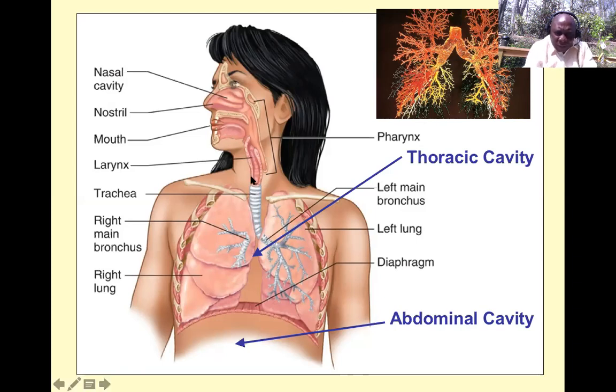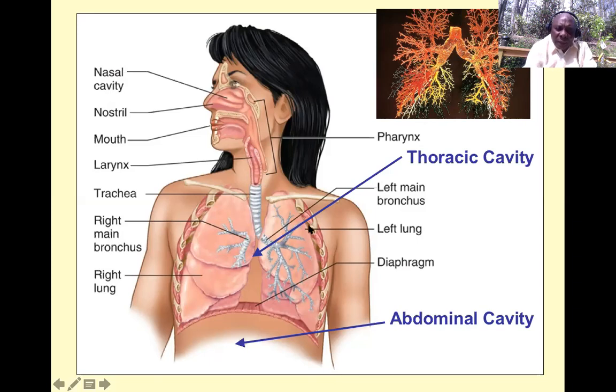And then from the larynx, we go to the trachea, and then the trachea is divided into the right and left bronchus, and then that increasingly will branch into further smaller windpipes until we reach the alveoli that we talked about.